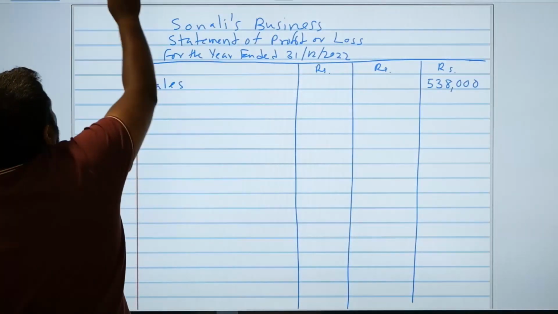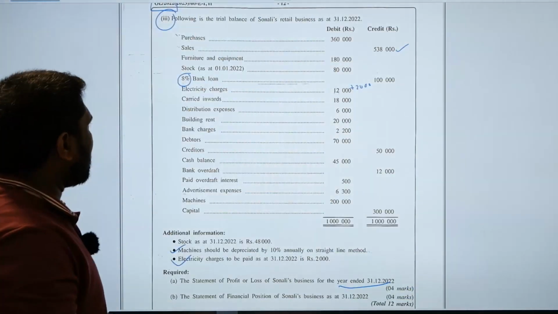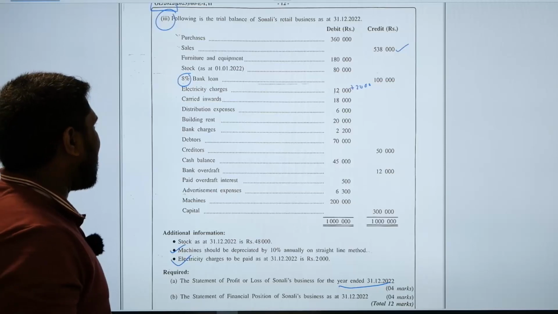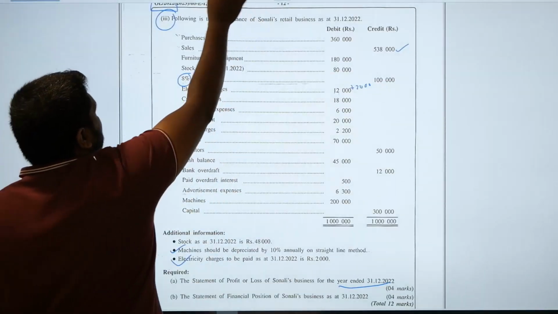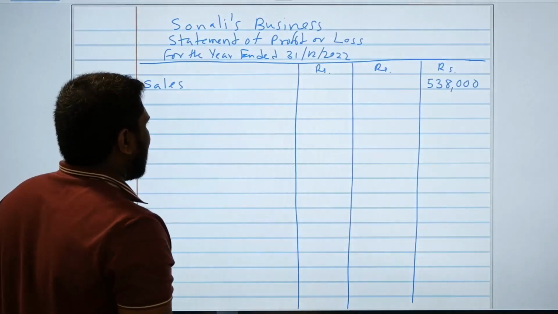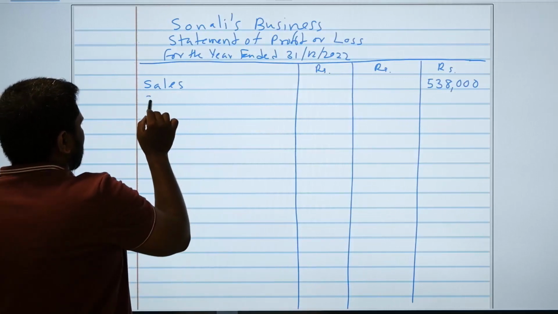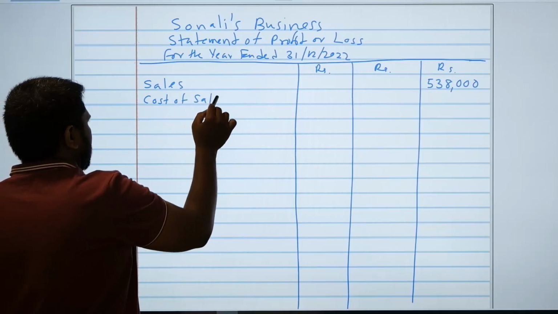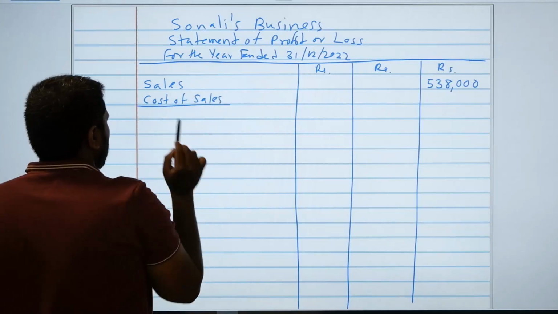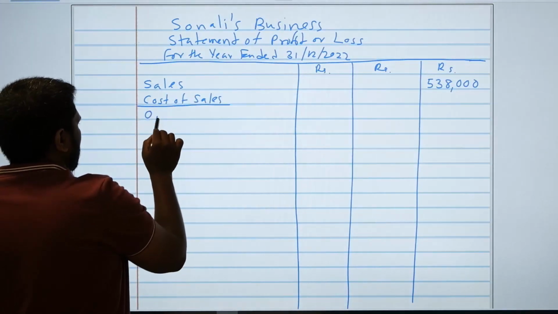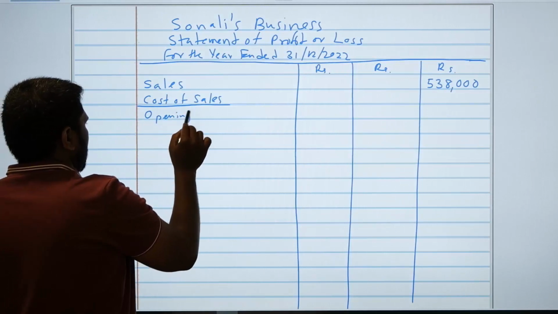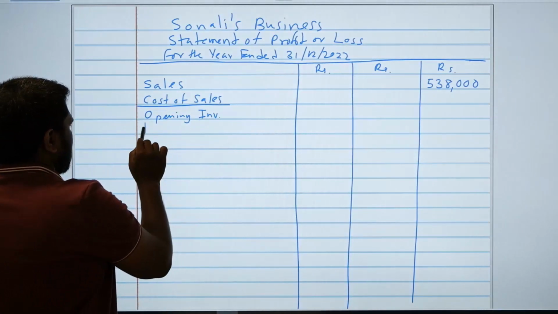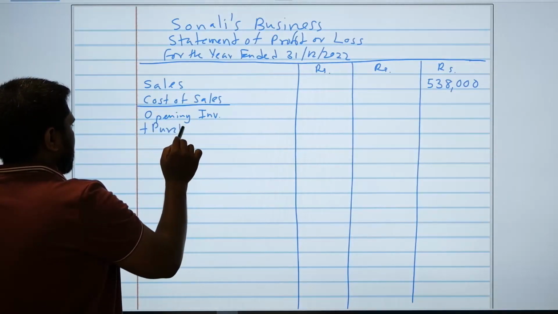So now let me go through the trial balance one by one, and we'll write all the things in our income statement and in the balance sheet. We have the purchases. So from the sales, you have to deduct the cost of sales. Cost of sales: opening inventory plus purchases.